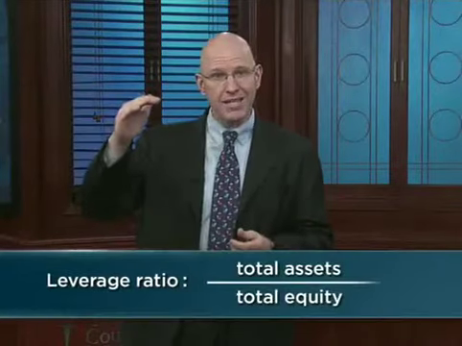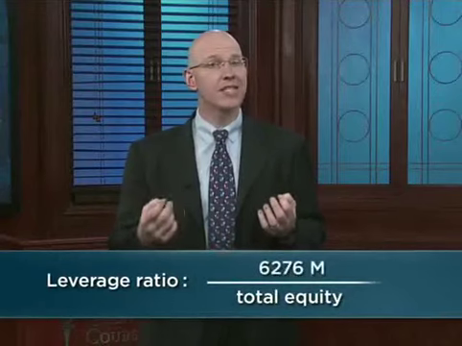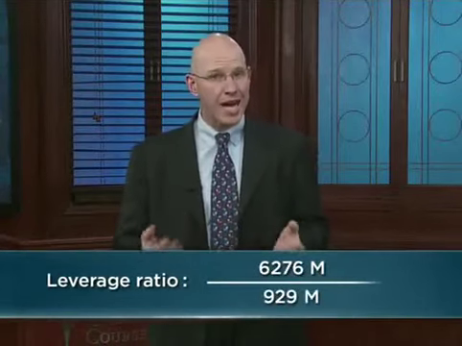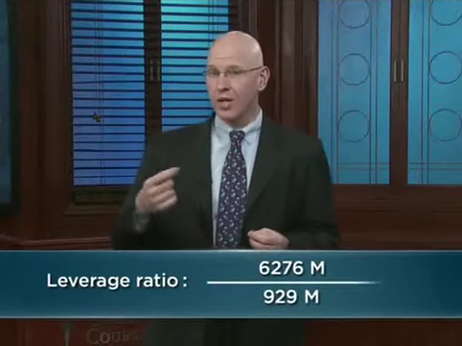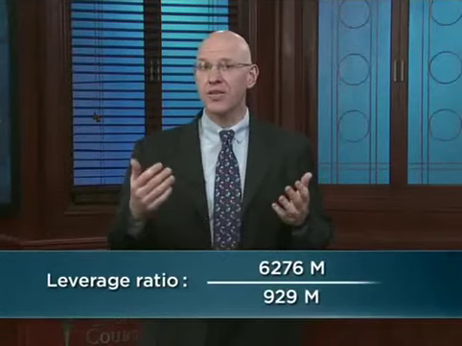There are lots of ways to measure leverage. Although some investors like to use debt-to-equity ratios, I tend to prefer leverage ratios expressed as total assets over total equity. Campbell's total assets are $6,276 million, and their equity is $929 million. This means that total assets over total equity is equal to 6,276 divided by 929, or 6.76.